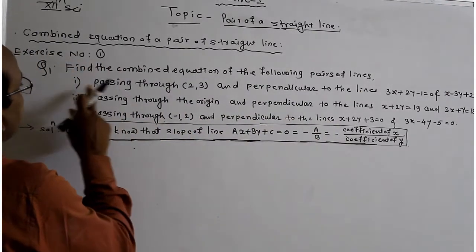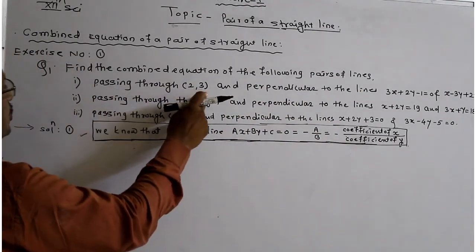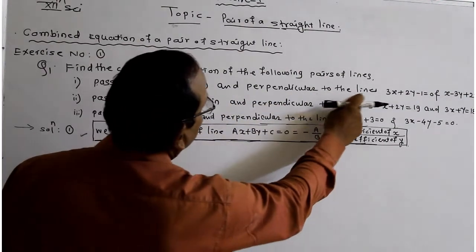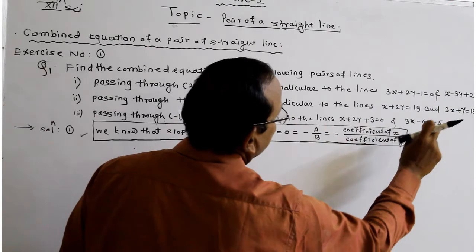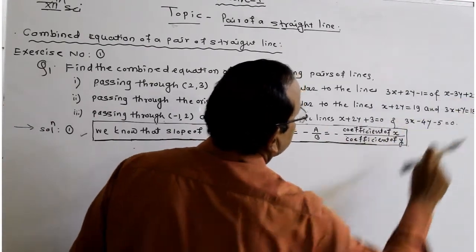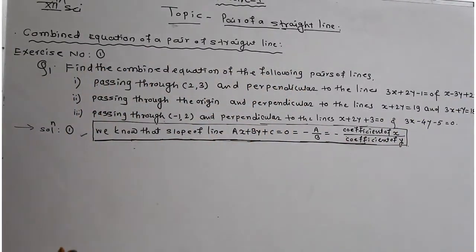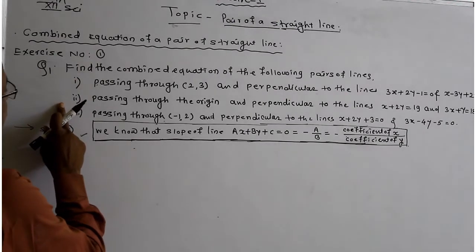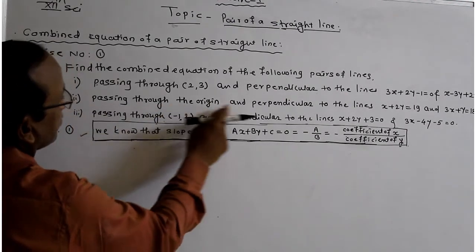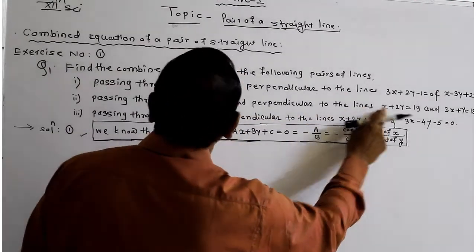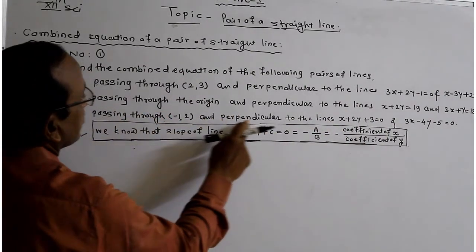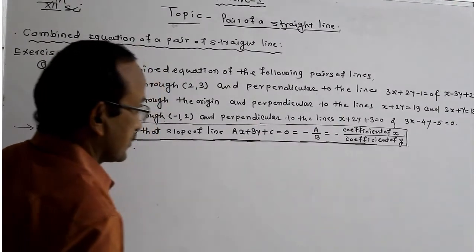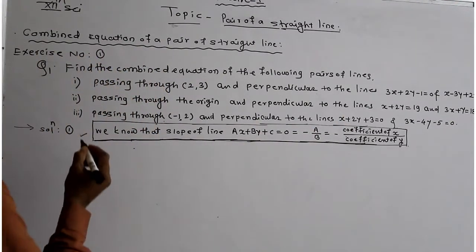Number 1, passing through the point (2, 3) and perpendicular to the lines 3x plus 2y minus 1 is equal to 0 and x minus 3y plus 2 is equal to 0. The second one, passing through the origin and perpendicular to these lines. And the third one, passing through the point (-1, 2) and perpendicular to the lines. Now solve the equations one by one.